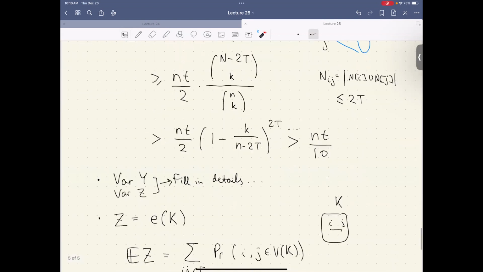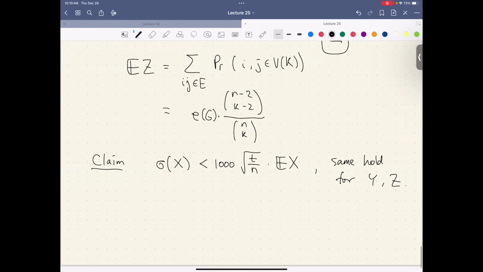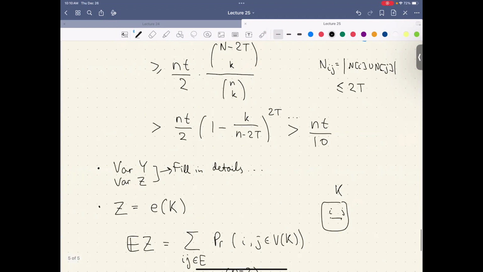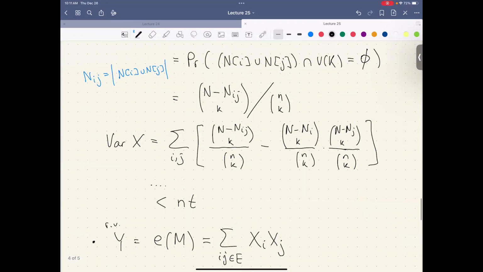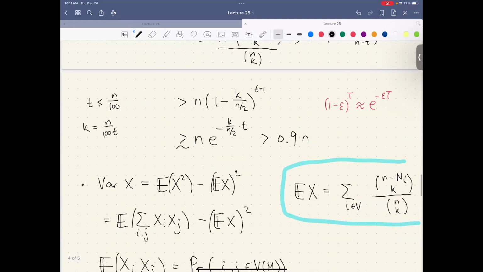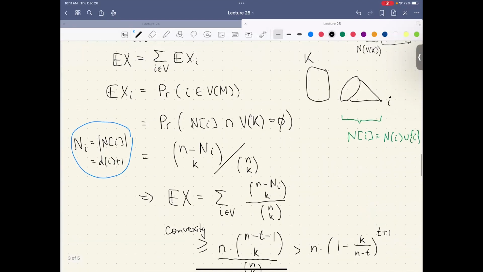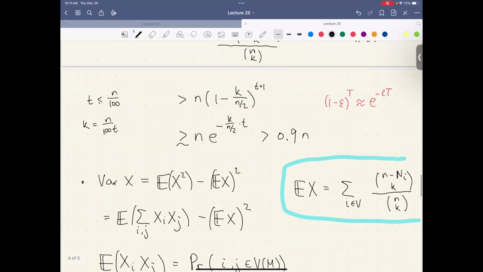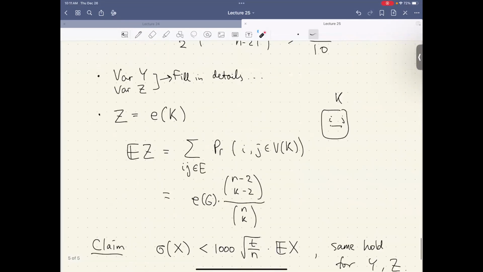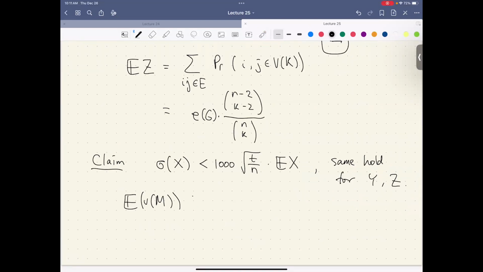So let's write down the calculation so far. We have the expectation of Vm, which is x, is around, what did I write? I got the lower bound on the expectation, right? Right, 0.9n. So at least the expectation is 0.9n vertices left.